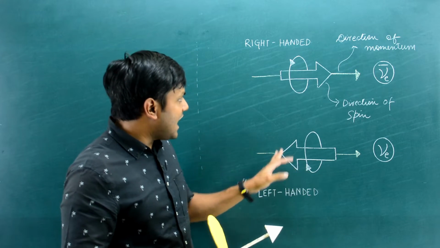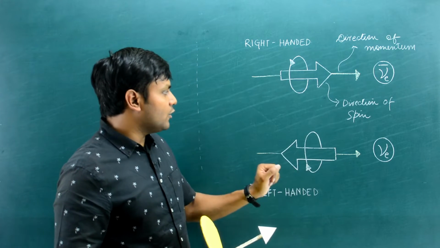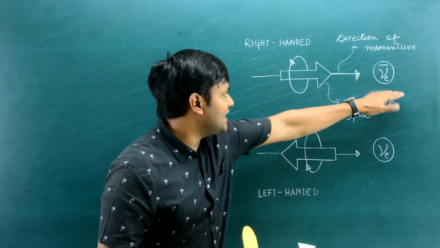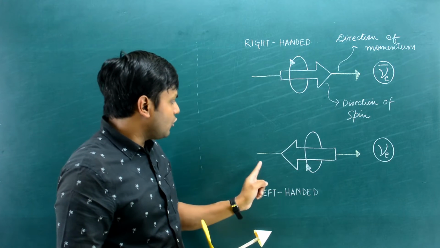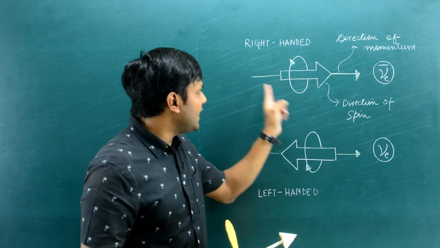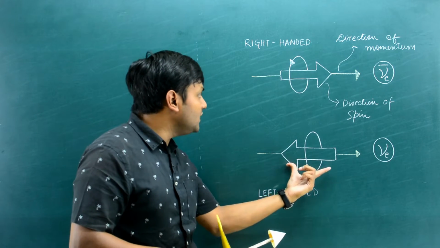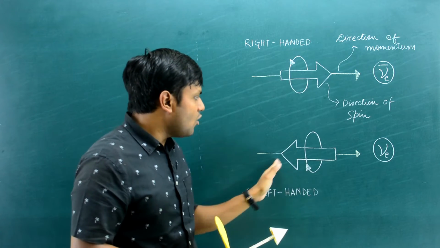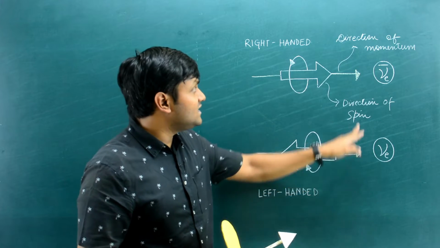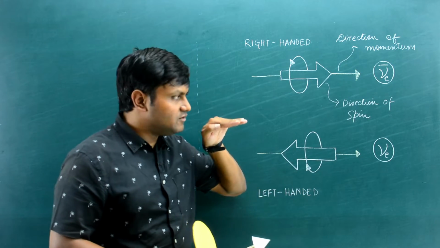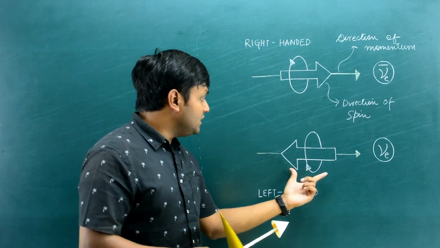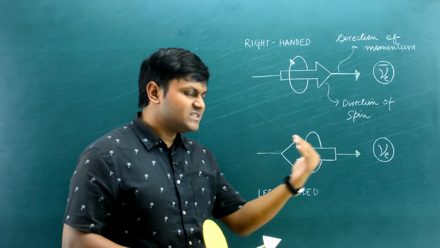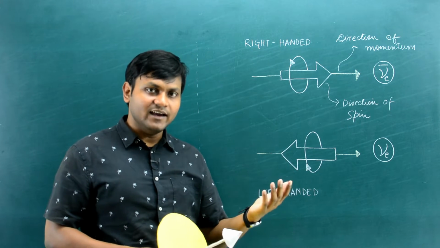Now before that, I have drawn these particles with arrows here. This is a neutrino, this is an anti-neutrino, and I have drawn this small green arrow in both cases and this big arrow in both cases. The small arrow represents the direction of momentum, or the direction in which the particle is moving, and the bigger arrow represents the direction of its spin, which is associated with its angular momentum.